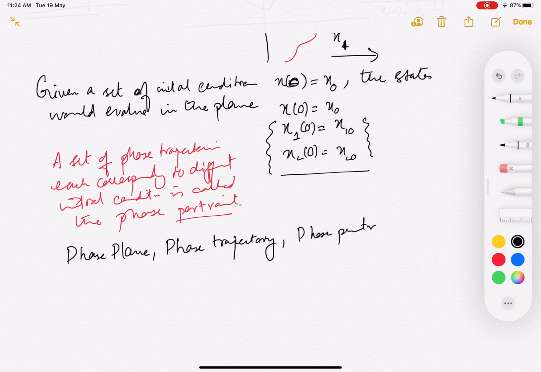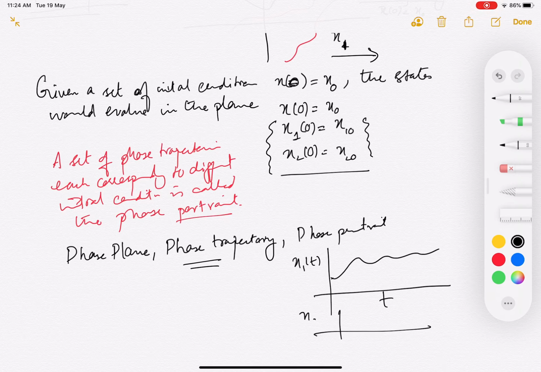Now please understand that this phase trajectory would be different from the sketch that we have been doing. We have been plotting x1 with respect to time, and x2 with respect to time. Here we are not doing that.